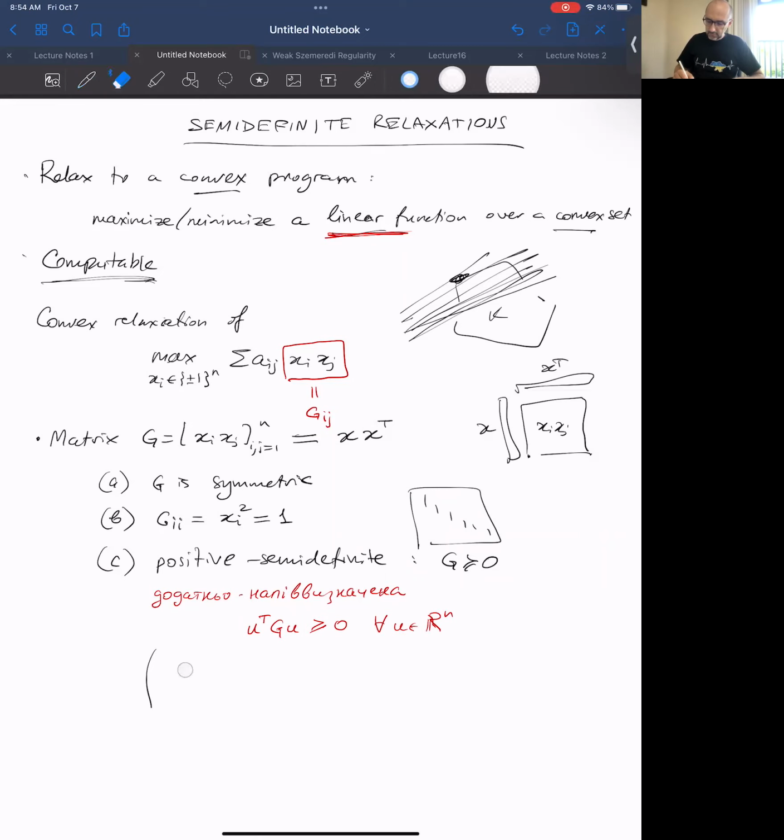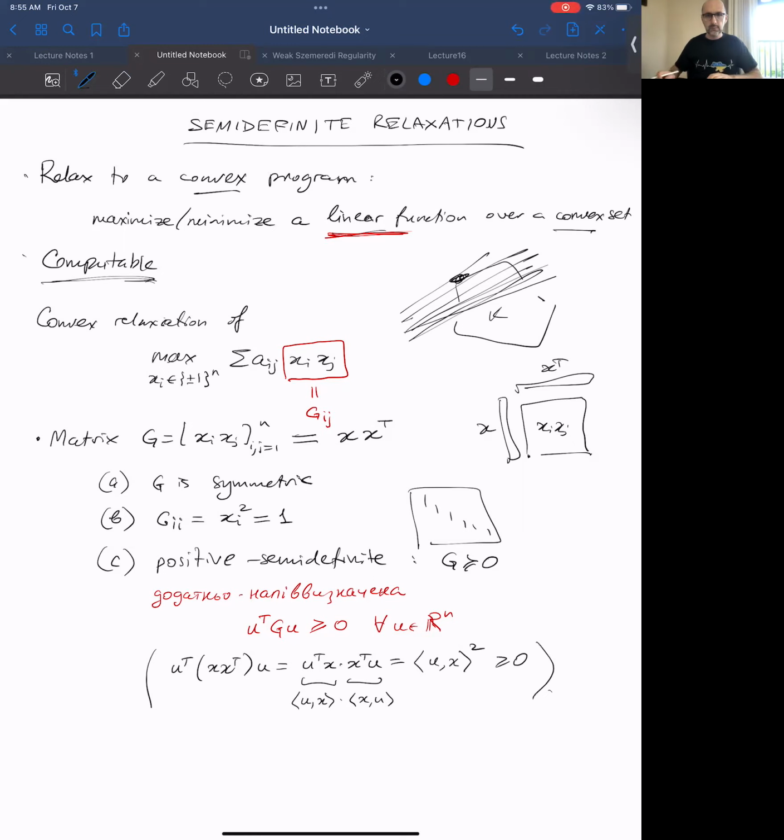Let's see. So let's make this U transpose, then G is X X transpose, so U transpose X times X transpose U. Okay. So each of these is an inner product between X and U. So we get (U·X) squared, and that's always non-negative. Okay.